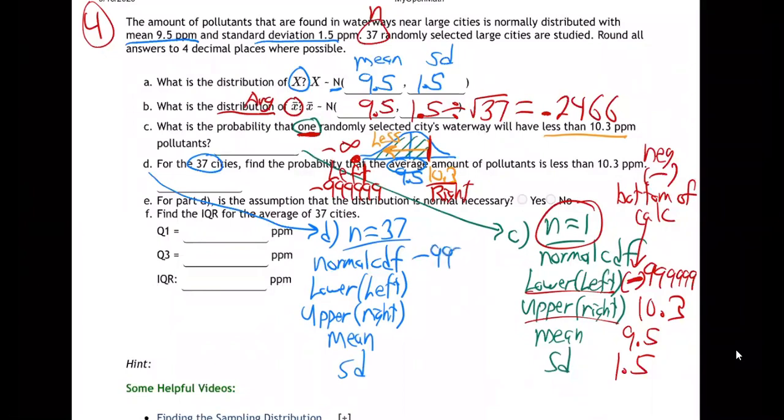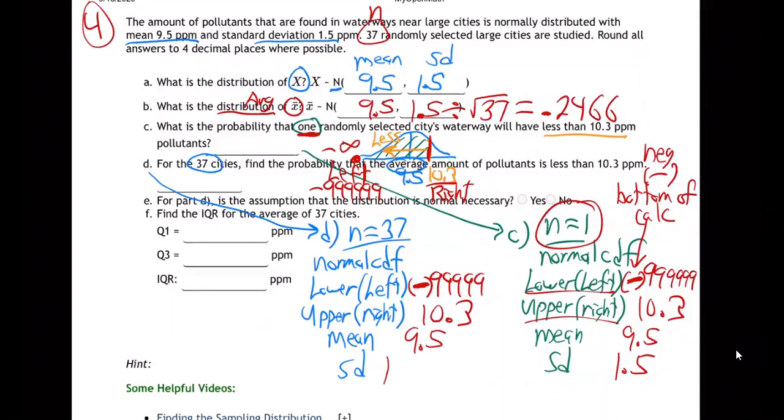Oh, whoops, that's not the normal. That's the left edge, huh? The left edge is basically negative with a bunch of nines, right? You got to put that minus in parentheses. And a bunch of nines there. And then the upper, the right, is still the 10.3. The mean is still 9.5.